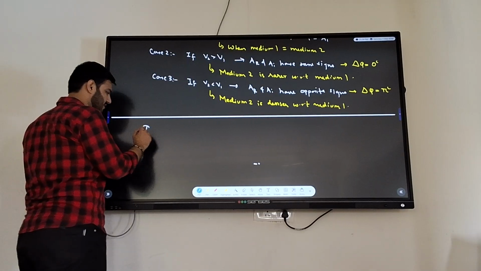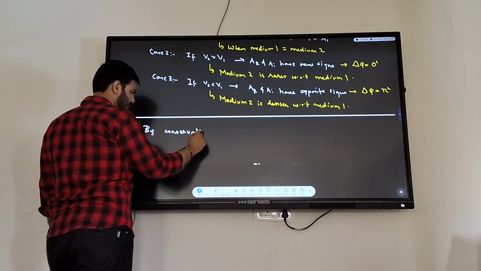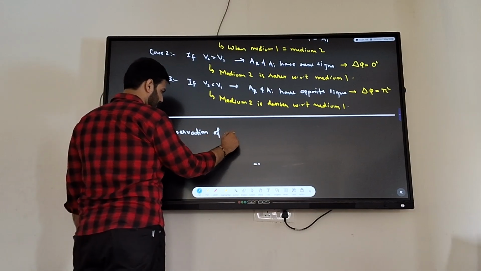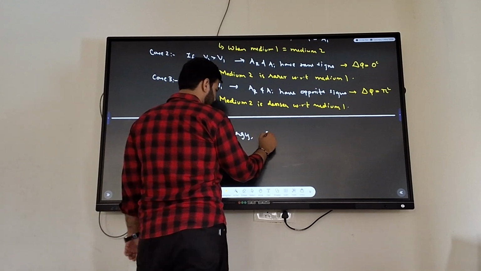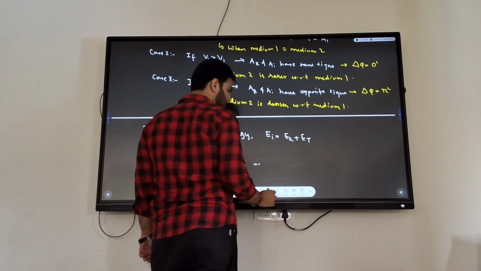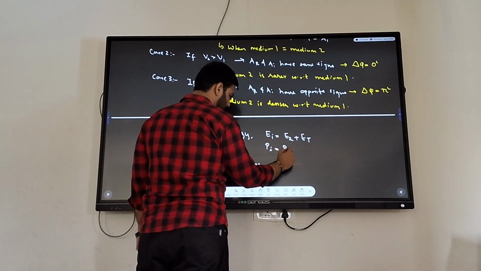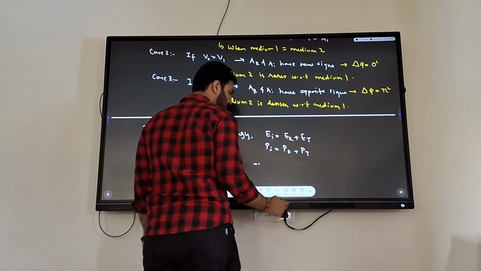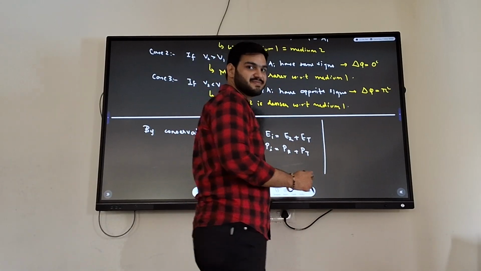So I have to do this derivation. By conservation of energy, what was the statement that I wrote? That E_I should be equal to E_R plus E_T, no? But then per unit time, what can I write? Now somebody will tell me what is the power carried by a wave.